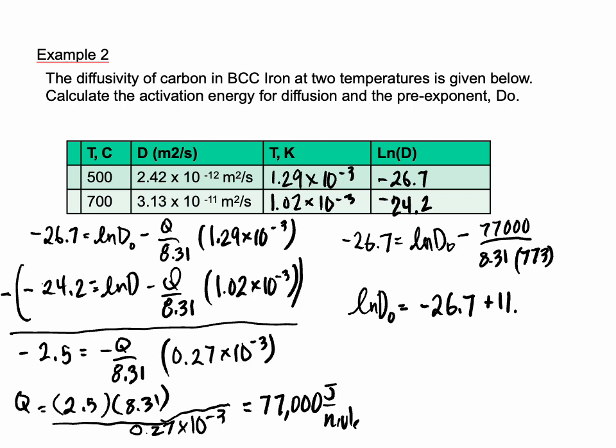Well, it's 11.99, so we're just going to make it 12.0. So natural log of D naught is equal to negative 14.7.